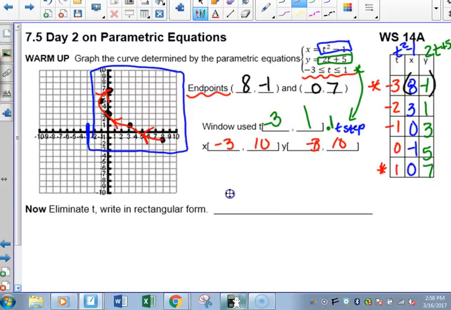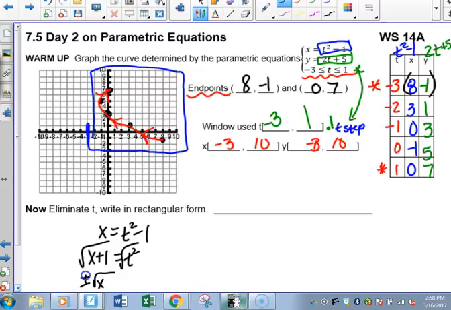All right. Then we did this whole eliminate the variable thing. What we did last time was we solved x for t. So we made x plus 1 equals t squared. I'm not writing this in the blank for a reason here. And then if we square rooted, what would we have to remember to do?